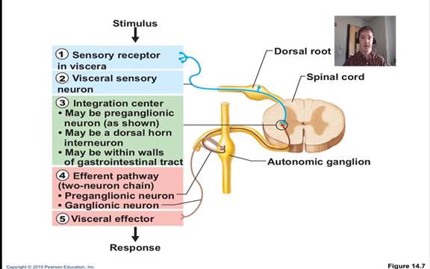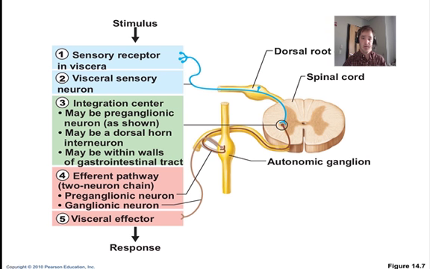So here we have a sensory receptor in your viscera. Remember, the sensory neurons have their ganglia, their cell bodies, here. They synapse somewhere in the spinal cord, and then we have an integration center. This may be a preganglionic neuron or a dorsal horn interneuron.